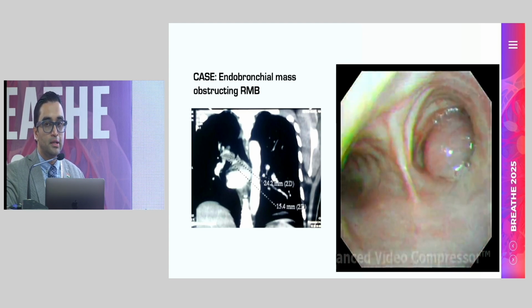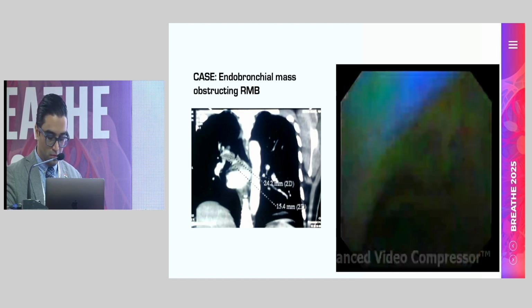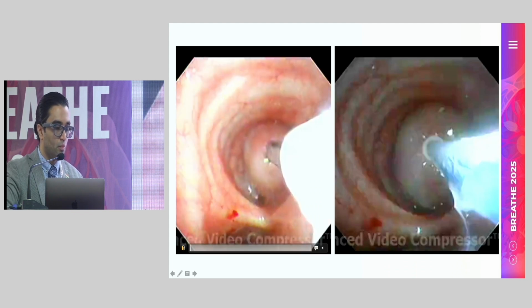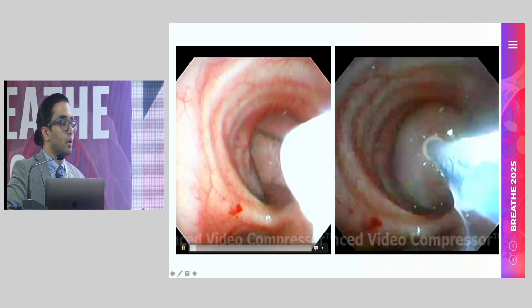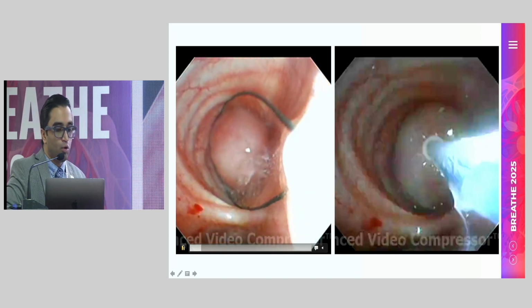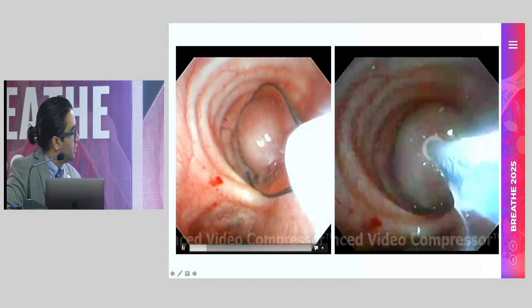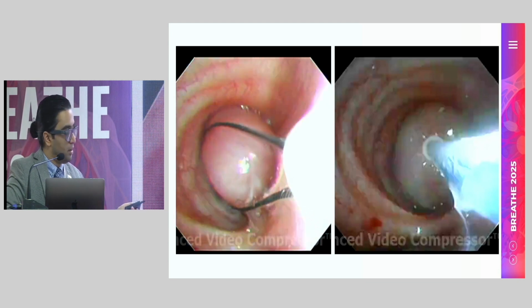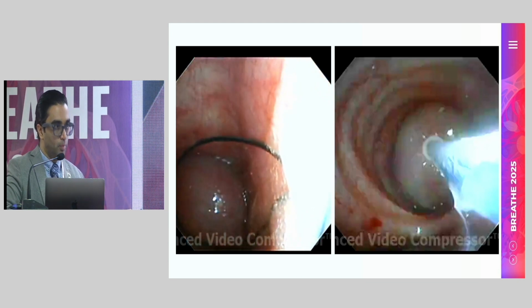Can you appreciate the type of the mass? It's a polypoidal mass. You would want to go ahead with an electrocautery snare. Here you can see how the electrocautery snare is being put around the mass to debulk the tumor.